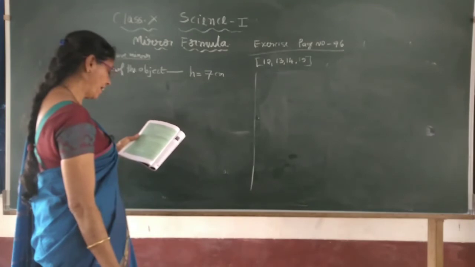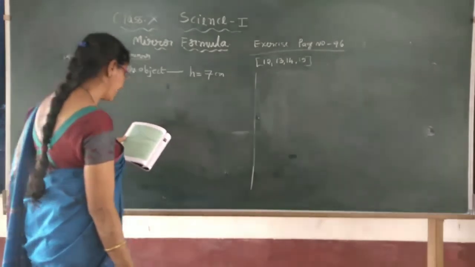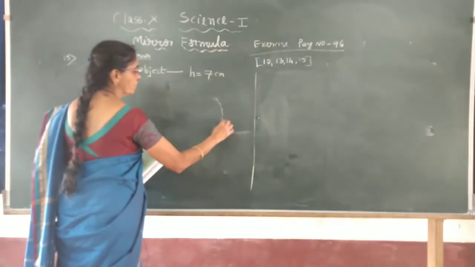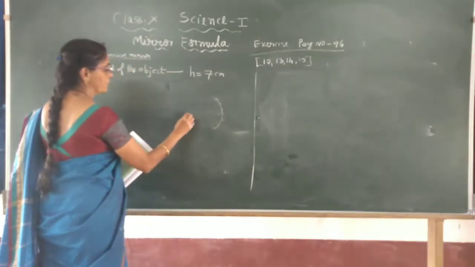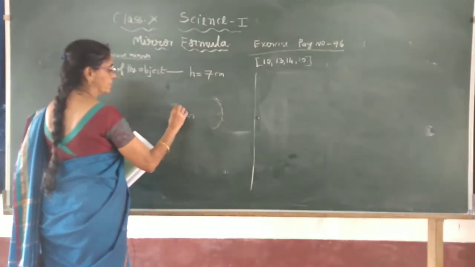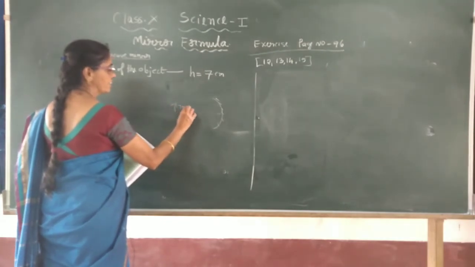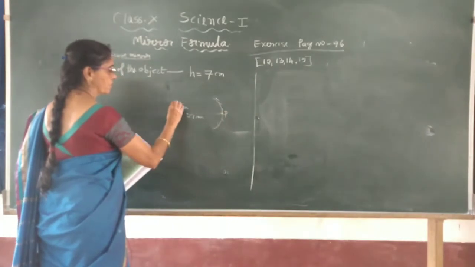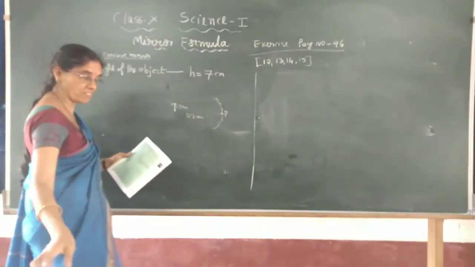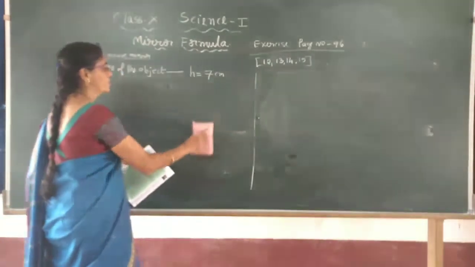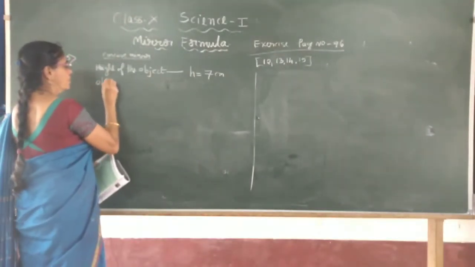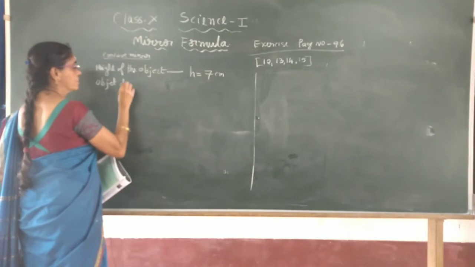Then it is placed at 27 centimeter in front of the mirror, 27 centimeter from the pole. So object distance is given.